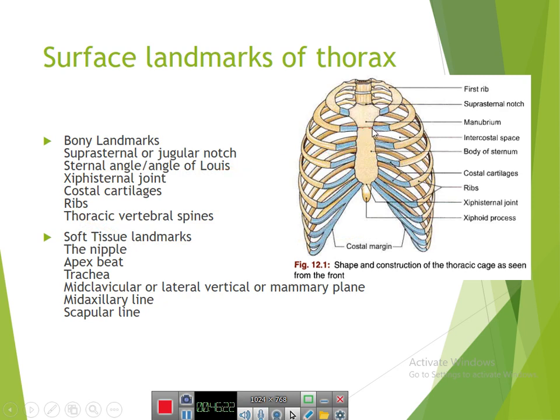I'm showing it to you in this picture, and its important role in identifying the structures inside and on the surface of the thorax. The pulmonary trunk is another artery that goes out from the heart. The pulmonary trunk divides into two pulmonary arteries, right and left, just below the level of the angle of Lewis or sternal angle.